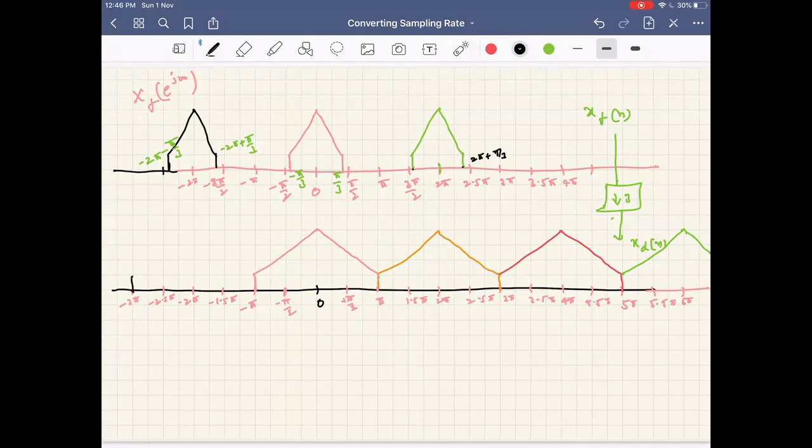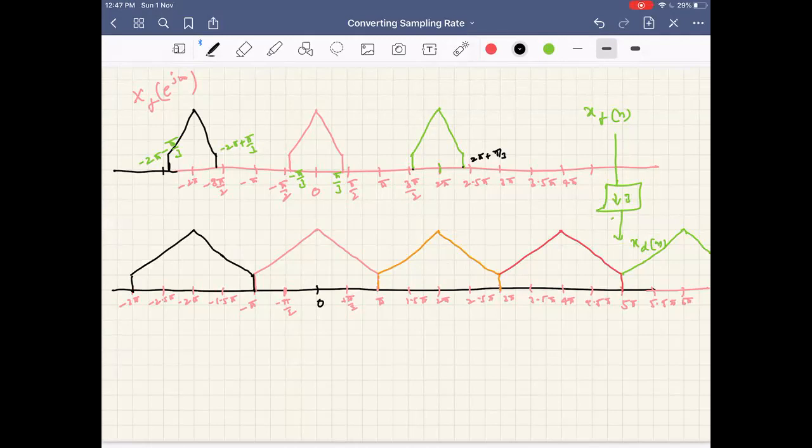It is from here to here. So if I apply this anti-aliasing filter, it just avoids aliasing, since I have applied an anti-aliasing filter of minus pi by m to plus pi by m. Okay, it just avoids aliasing.